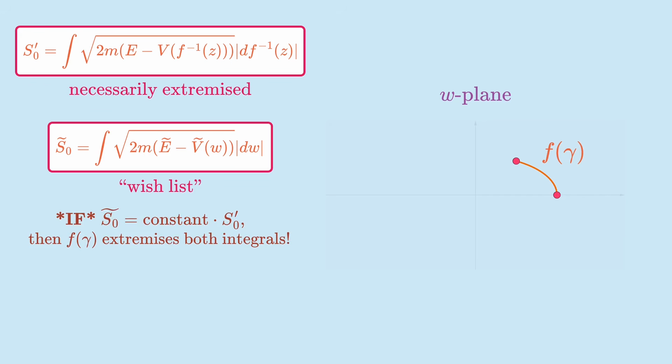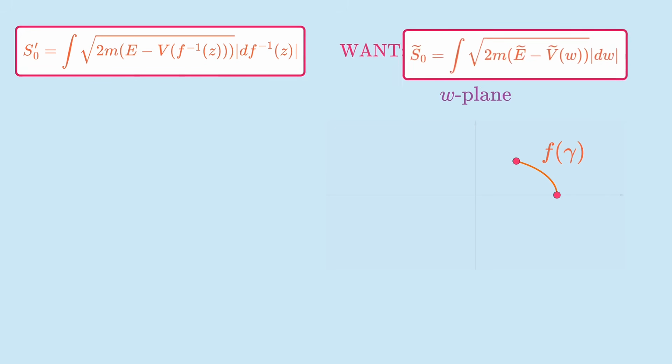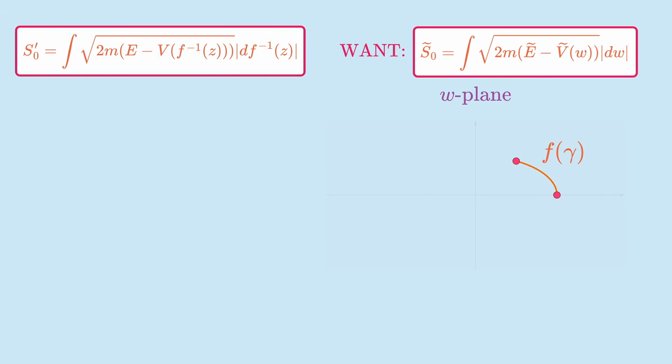If it turns out that they only differ by a constant factor, then f of gamma will extremize both integrals at the same time. So the strategy is to start from this integral on the left and then massage it to look like some constant times the integral on the right.